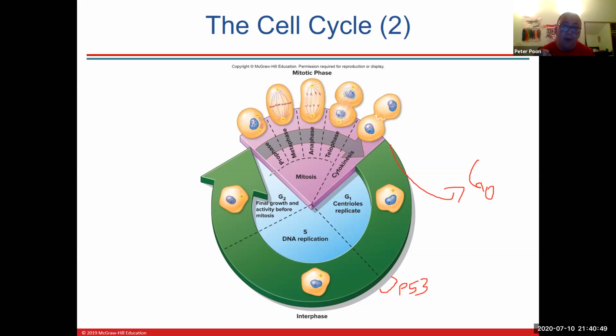If it's wrapped up and blocked, then I can't make any proteins. So I have to make all my proteins and all my enzymes that will get me all the way through before I even enter here. That's G2. It gets everything ready for mitosis.